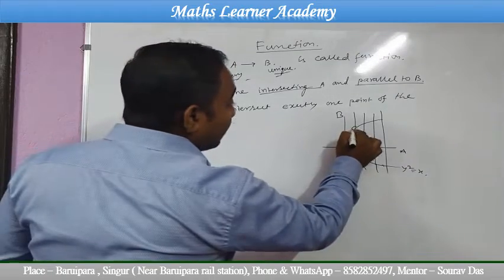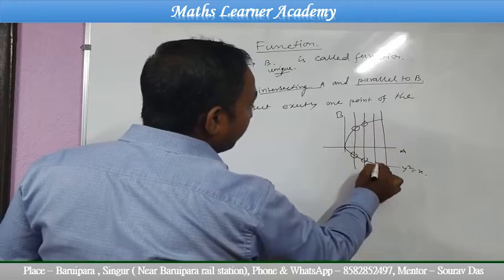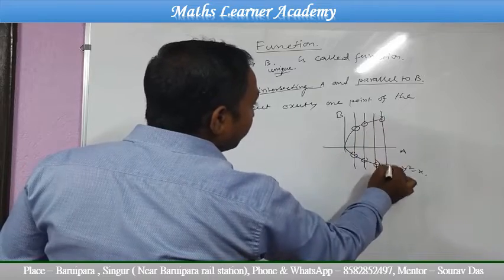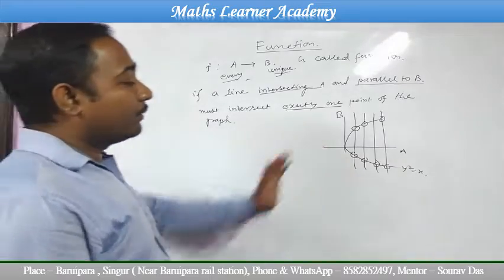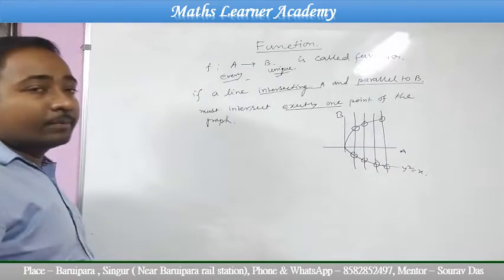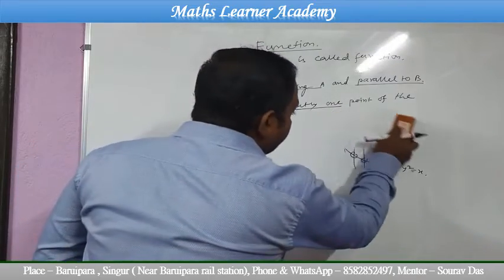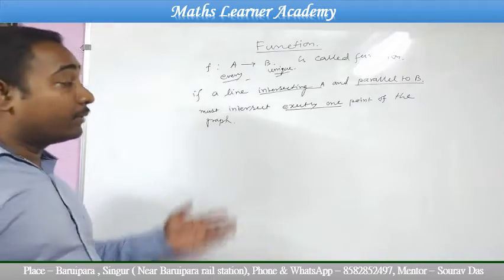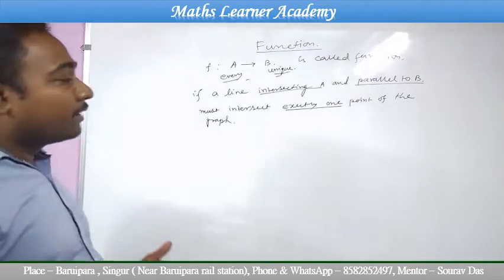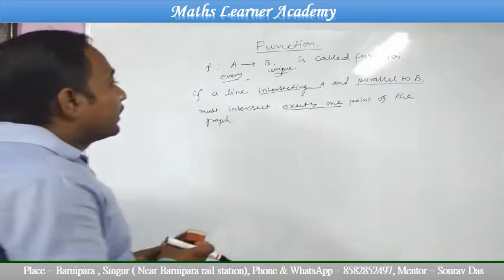Now this line intersects 2 points. Here I am saying exactly 1 point. So that's why it will not be a function. So y square equals x will not be a function, right? So if you have some idea about graph tracing, or if you are given some known graph, then you can do it using this geometry concept.